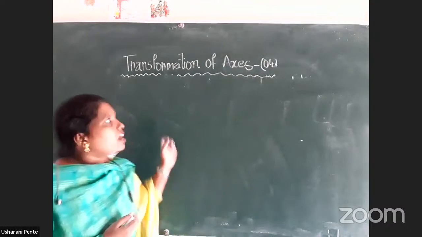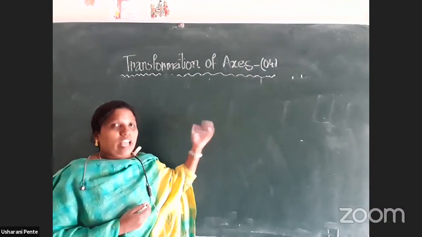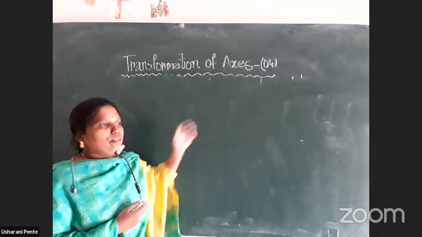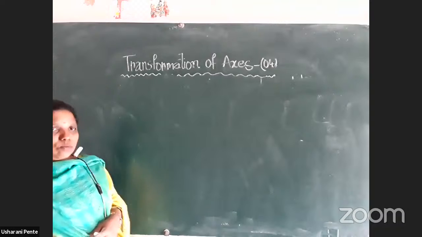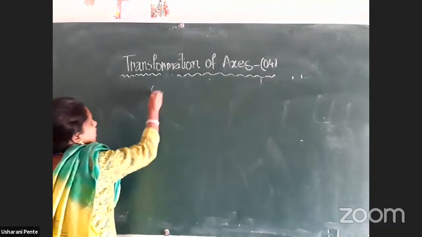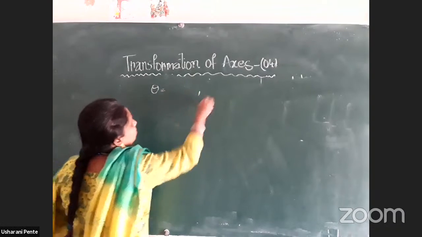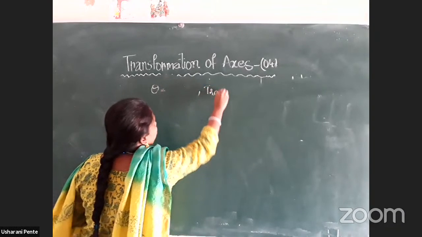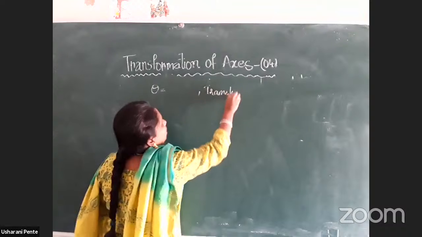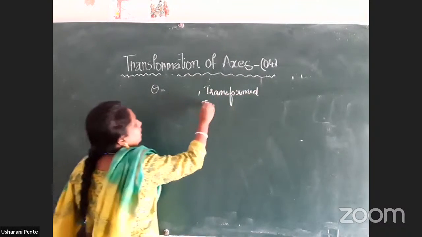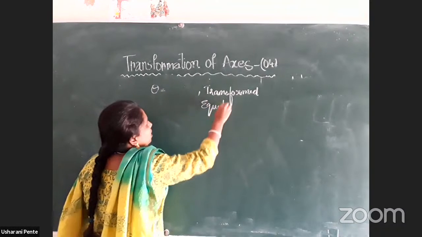In a similar way, the equations also change, as we have seen in the translation of axes. They will give us the theta value and the transformed equation.